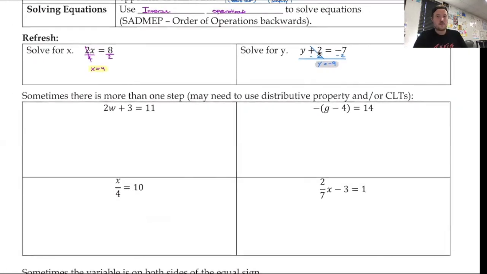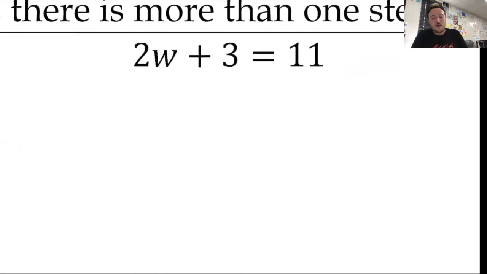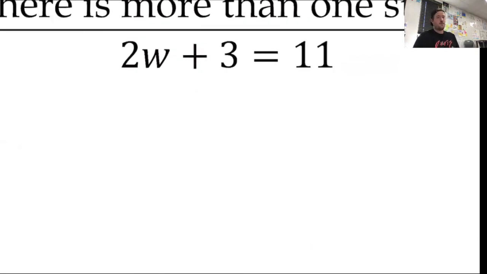All right, so now we're going to start bringing in what we did in 1A, the combining like terms and distributive property. These are going to also bring in multi-step. Those up there were single step. So this is where inverse operations is going to come into play.